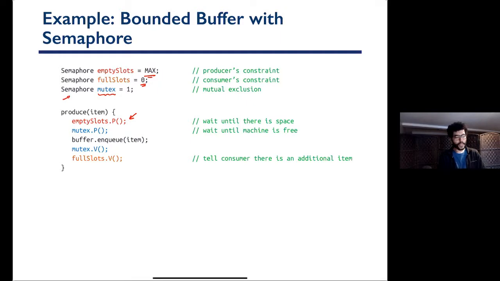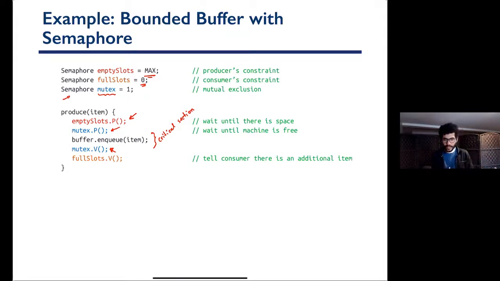It's a producer, so it calls empty slot.P to make sure that there is an empty slot. And if there was, now you want to go and modify the state of the queue. So now you want mutual exclusion, so you use the mutex. Here I'm using the semaphore for mutual exclusion. This is my critical section, and I'm protecting it with this semaphore mutex.